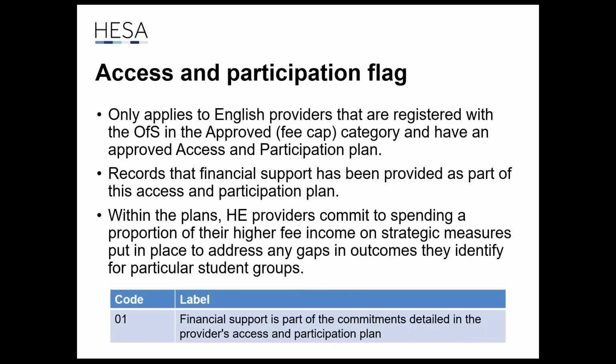It only applies to the English providers, so the approved CCAP category, and those who've got an access and participation plan that has been approved. So basically, whenever a provider returns something in the student financial support entity that is relevant to their access and participation plan, they would use this flag to say, yes, this counts towards it, so that the OFS can see which ones of those items you're referring to.